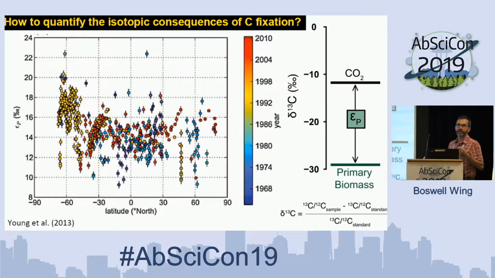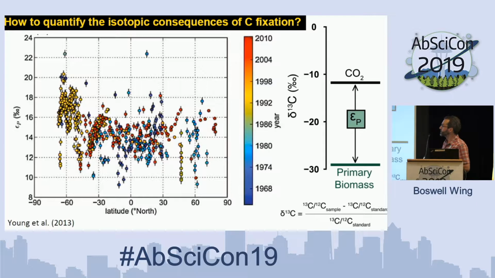Well, one of the things that gave me great pleasure to hear is that I'm going to be talking before Jody, who has one of what I think are the most crystal clear presentations on how you can go out into the environment and figure out from the carbon isotopic composition of dissolved CO2 or its counterpart dissolved bicarbonate, and then the carbon isotopic composition of primary biomass, in here, particulate organic carbon, and figure out from the isotopic difference there the isotope fractionation associated with primary production.